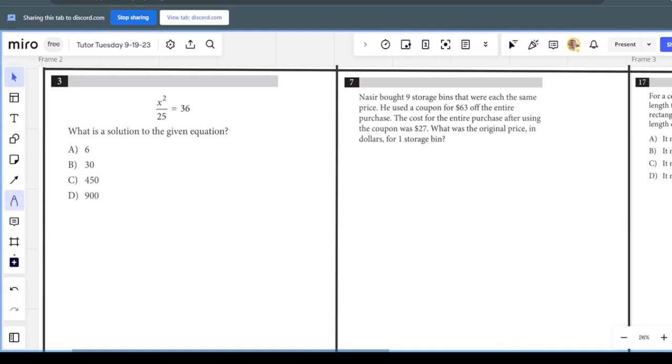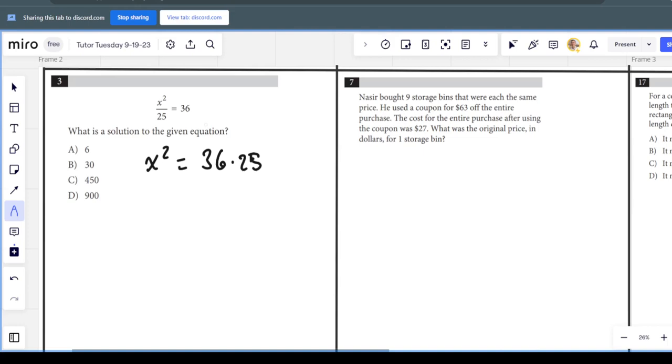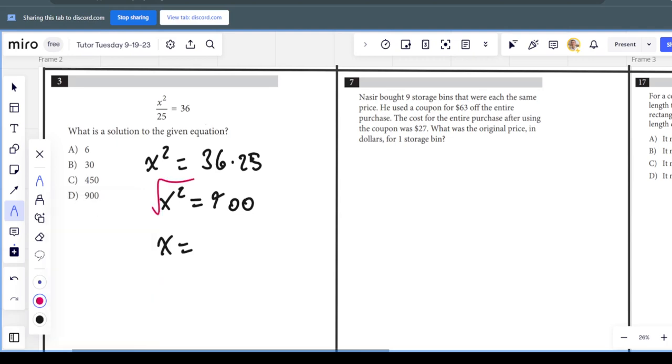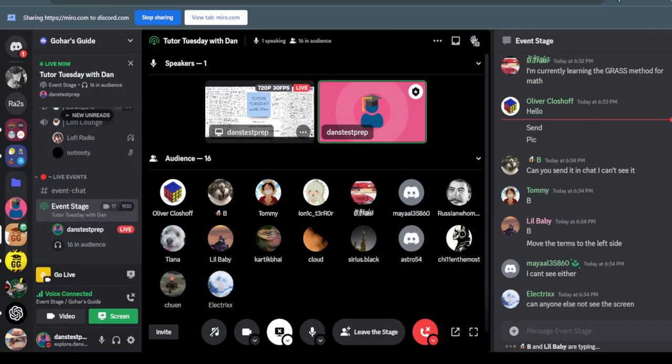But quite simply, we could rewrite this as x squared is equal to 36 times 25, which should be 900. x squared equals 900. So if we want the solution for x, we would just take the square root, right? Taking the square root here, x is equal to 30. And that's going to be exactly answer choice B.